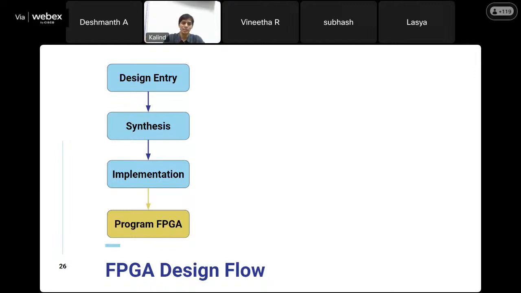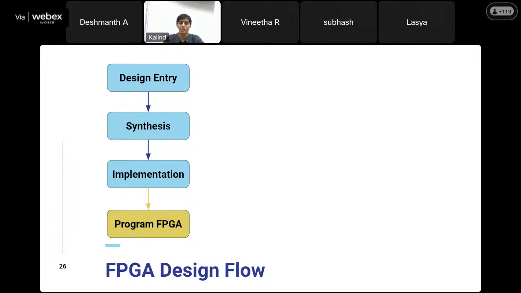So the HDL, or basically Verilog or VHDL code, will be given as an input to your synthesis tool. In synthesis, it will realize it into a netlist of basic logic elements, and after that is done, it will be implemented on the FPGA.